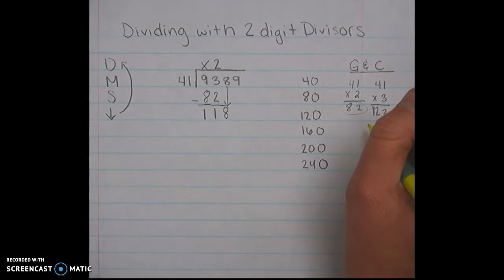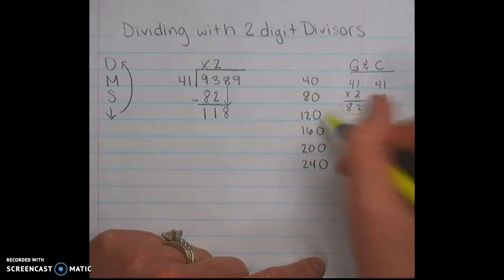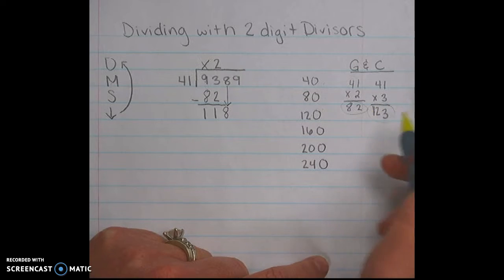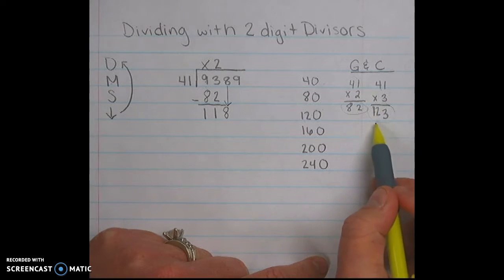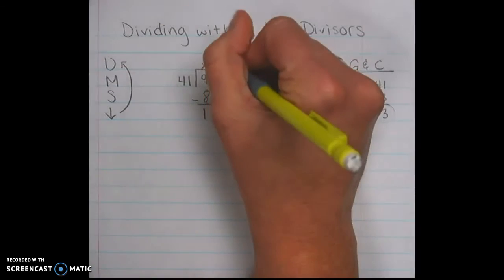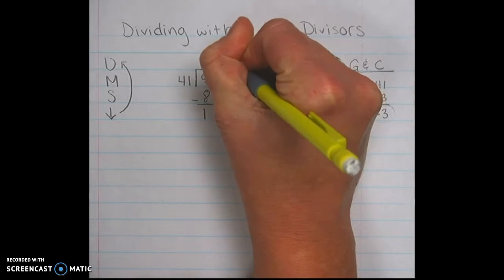I don't think that it would be that because that would be over. So we are looking at this and 41 times 3 is 123. So that is over as well. So our answer is actually going to be that it goes in 2 times.